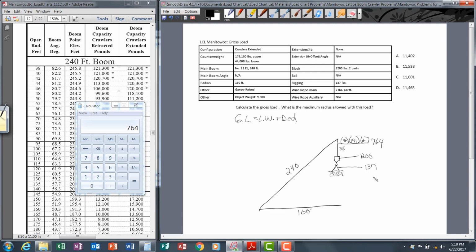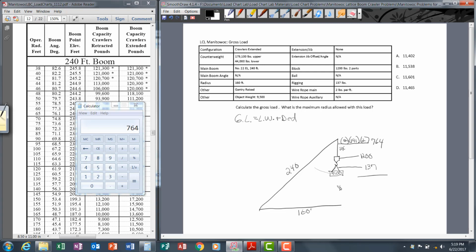I think those are all of our deductions. Let's go ahead and go back through the data chart, make sure. Okay, our crawlers are extended. Object weight 9,500, we've got that in the box here. No jib, 1,200 pound block, 2 parts line. We've got the block and we've got the line, and we've got the rigging. Those are the deductions.